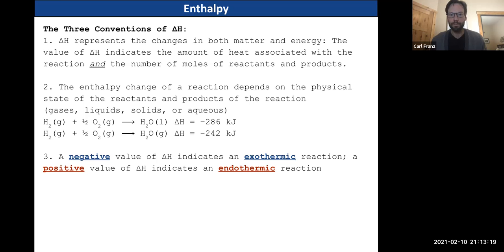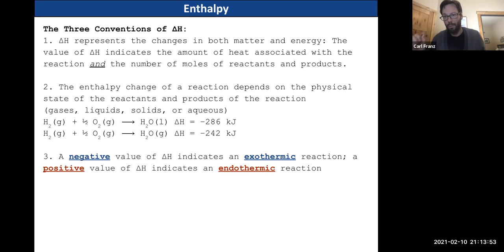Also, the enthalpy change depends on the physical state of the reactants and the products, right? So gases of a particular element or compound are going to have a different enthalpy value than, say, liquids. Okay. And so the example here is liquid water has negative 286 kilojoules, whereas gaseous water has negative 242.